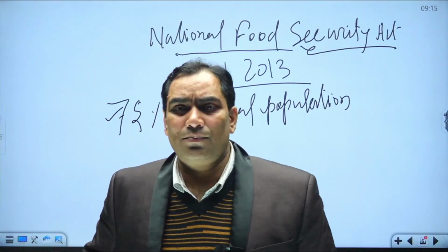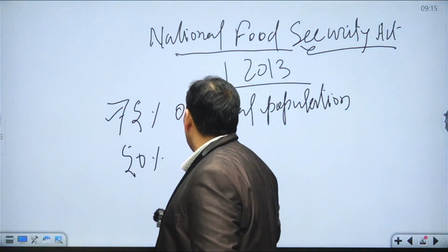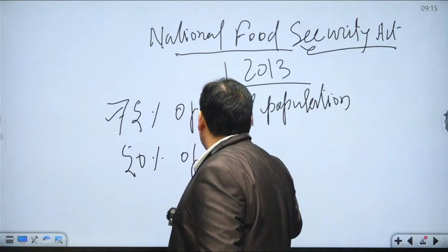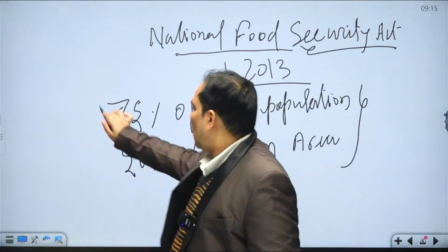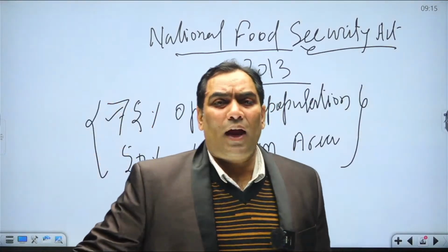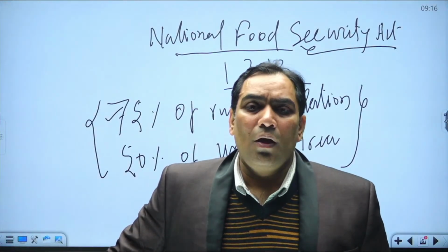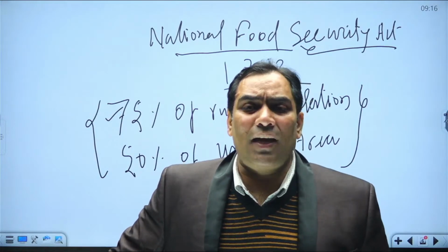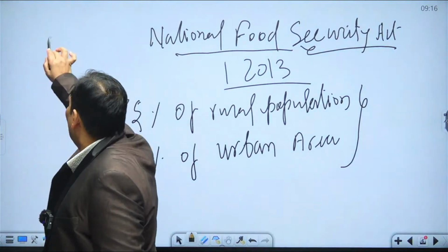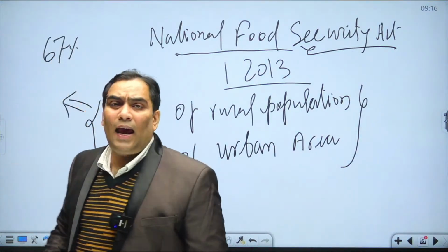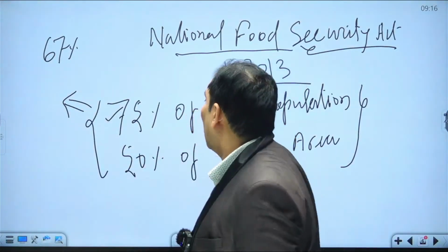And 50% of the population of urban areas were entitled to get food grains at a highly subsidized rate. Altogether 67% of the population of the entire country was targeted under the National Food Security Act.